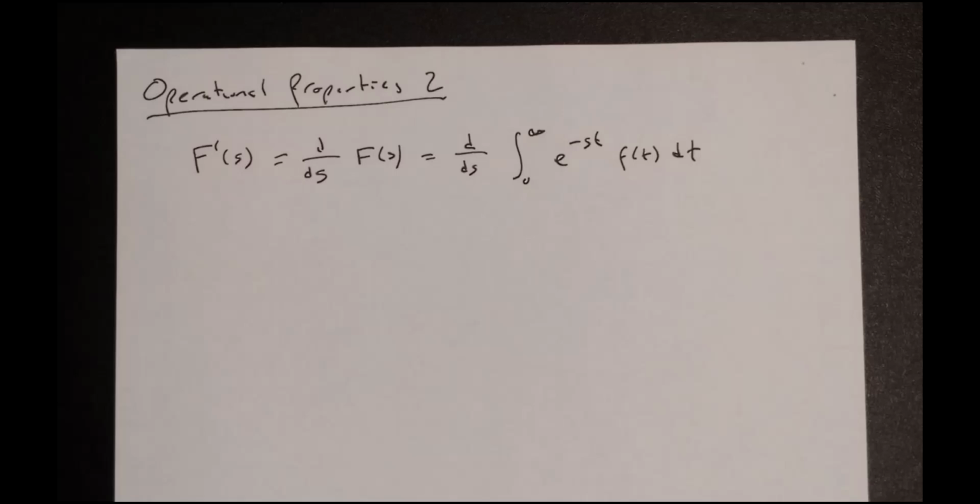If the function has a Laplace transform, in other words, if this f of t is of exponential order, then I can switch the integral and the derivative. My buddy Gottfried Leibniz came up with that.